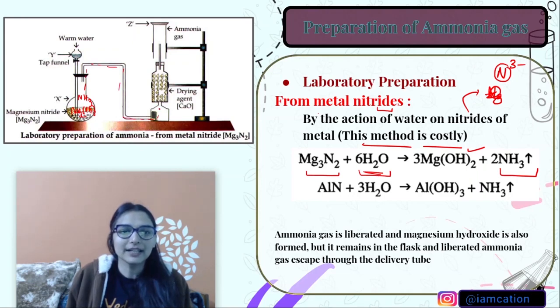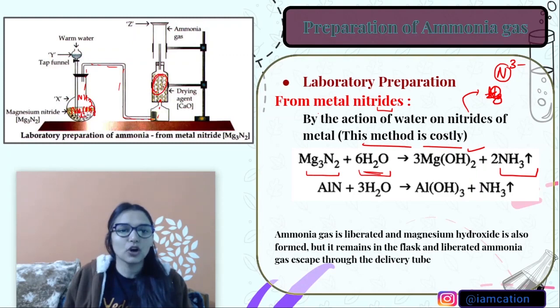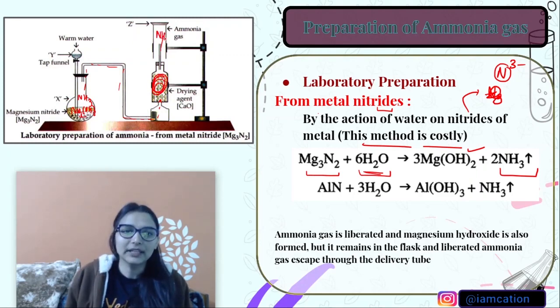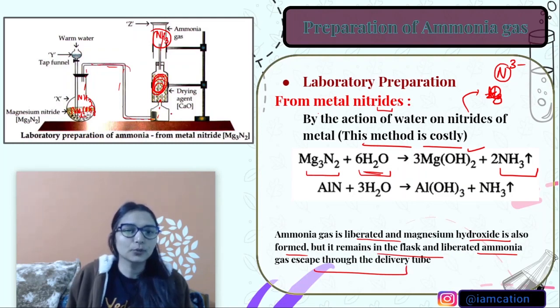If there is any water vapor present, that would be absorbed in the drying agent, and then again here we would be getting the ammonia gas. So ammonia gas is liberated, magnesium hydroxide is also formed, but it remains in the flask. The liberated ammonia gas escapes through the delivery tube over here, then you pass it through the drying agent.